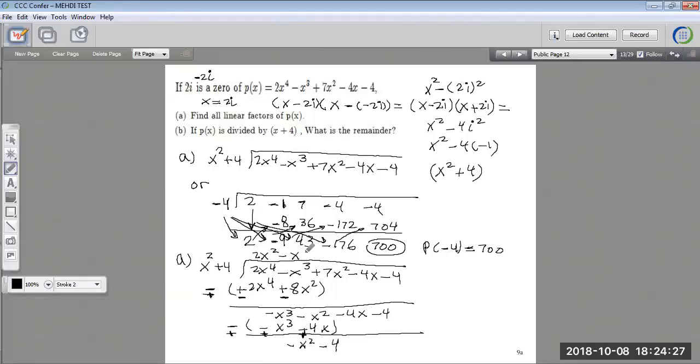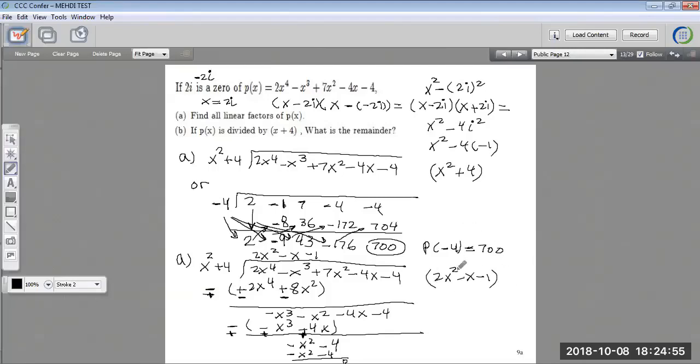And as you can see, the remainder would be 0. We do get a remainder of 0 here. So what that means is 2x squared minus x minus 1 must be another factor of this polynomial then.